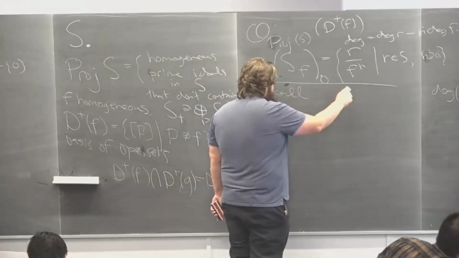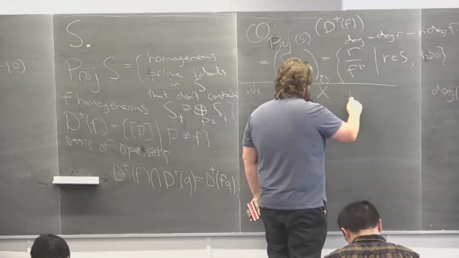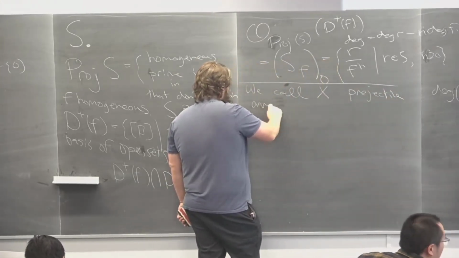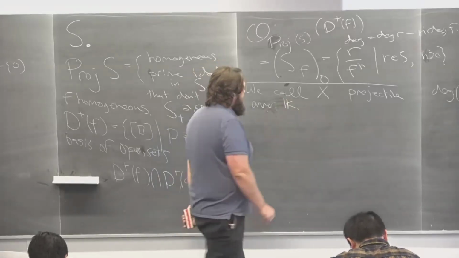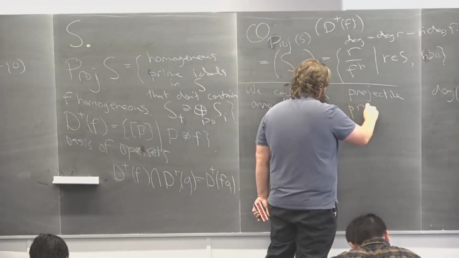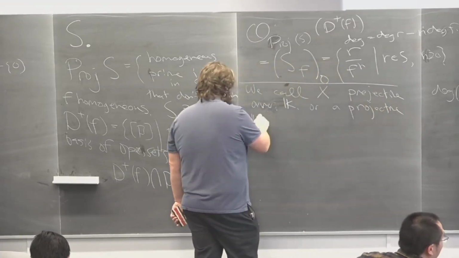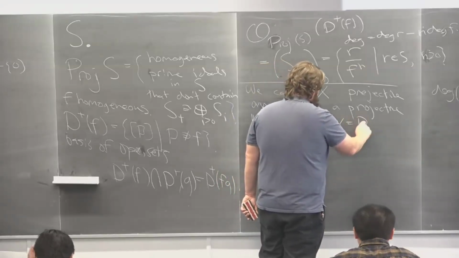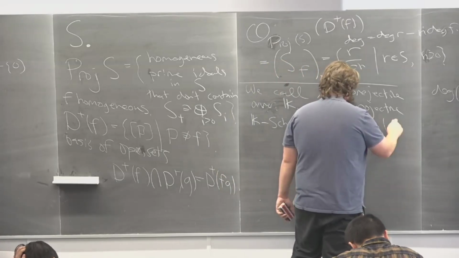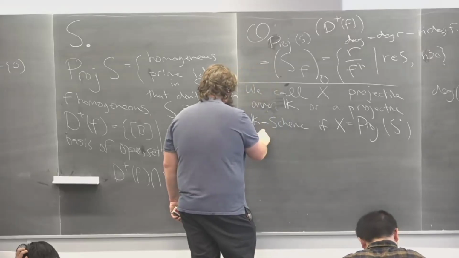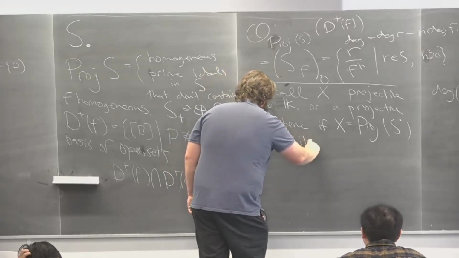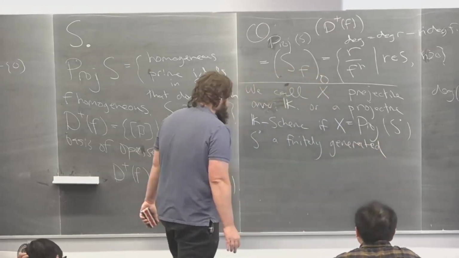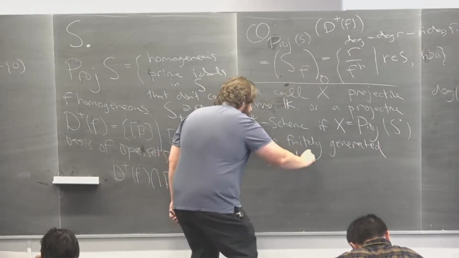We call a scheme X projective over K, or, because it's annoying to keep saying over K, a projective K-scheme, if X is Proj of S, where S is a finitely generated graded algebra.